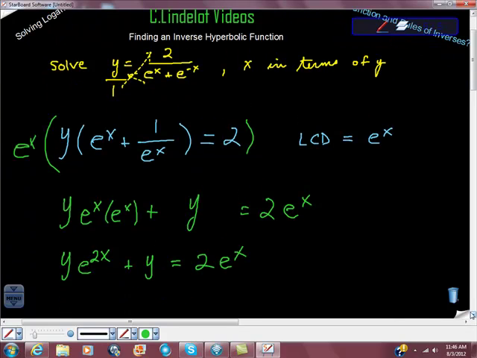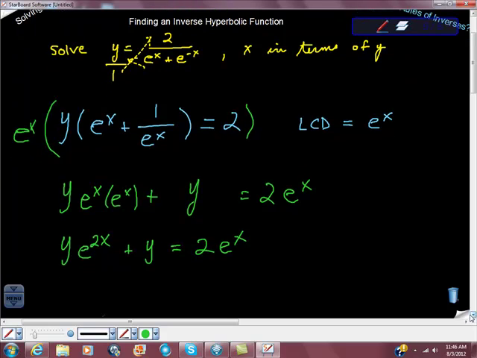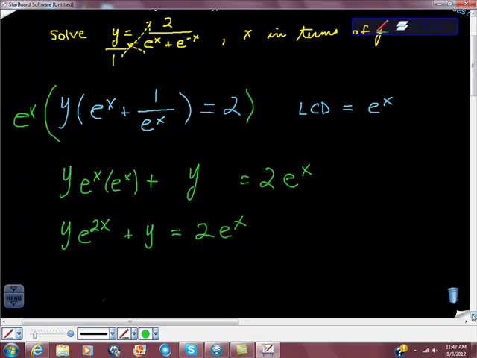Now, if you look at this carefully, it's kind of weird, but what we have here is a quadratic. So I'm going to set this up as a quadratic by subtracting 2e to the x from both sides and get y e to the 2x minus 2e to the x, plus y is equal to 0.